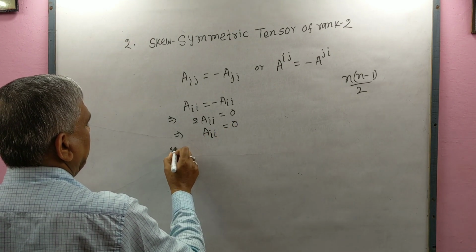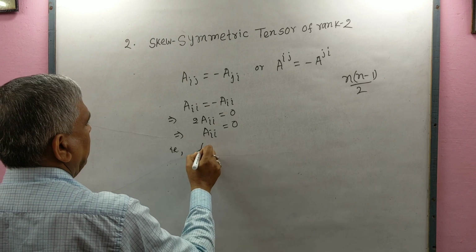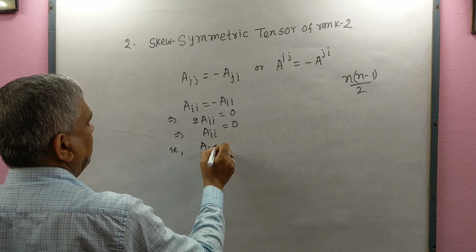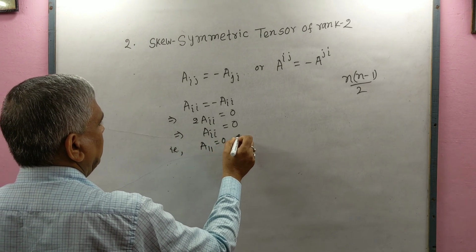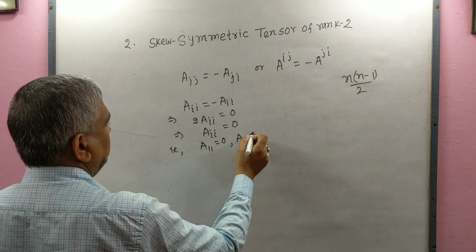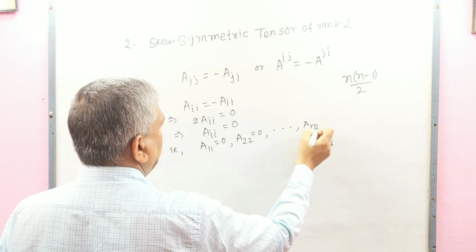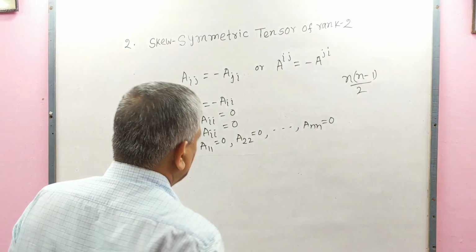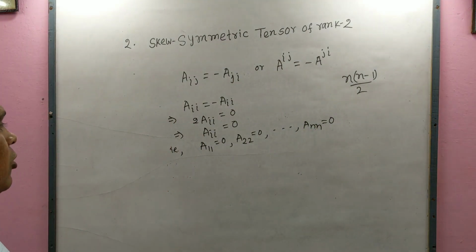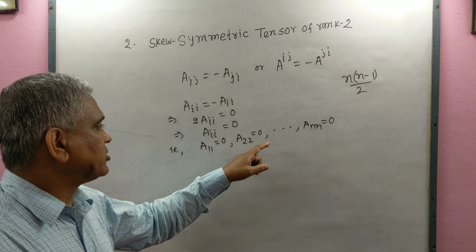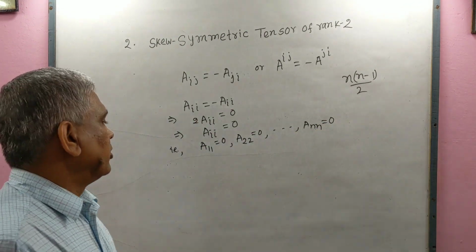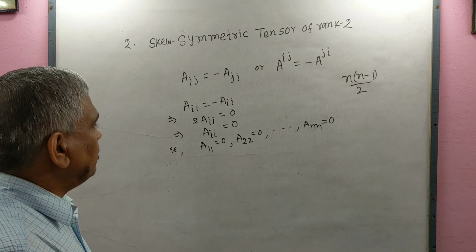That is, A11 equal to 0, A22 equal to 0 and Ann equal to 0. That means all diagonal components have value 0.